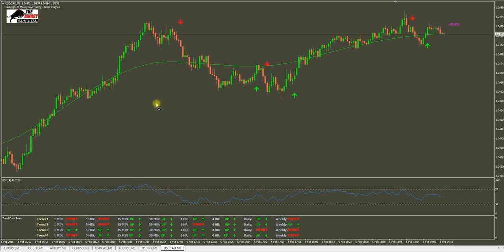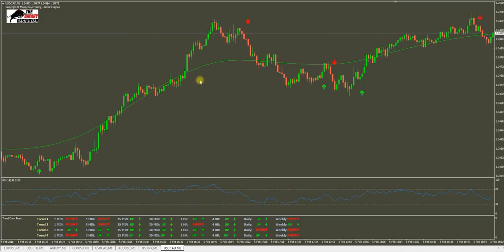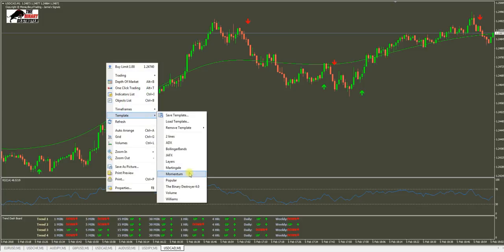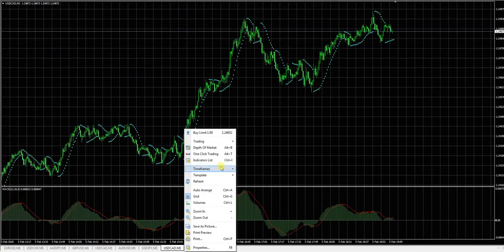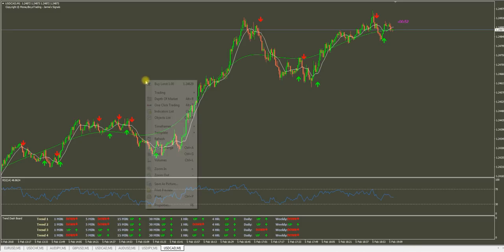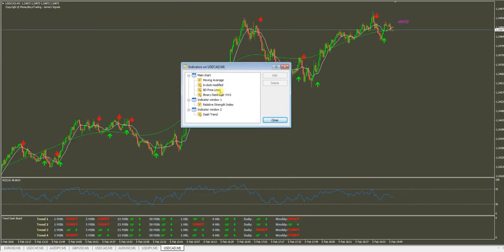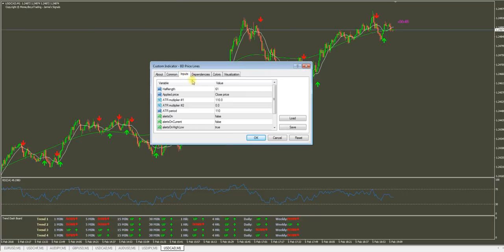Okay, now let's set up the strategy. So we'll load up the strategy. Pretty simple. Okay, let's look at the settings for the price lines. We edit the settings and the inputs.